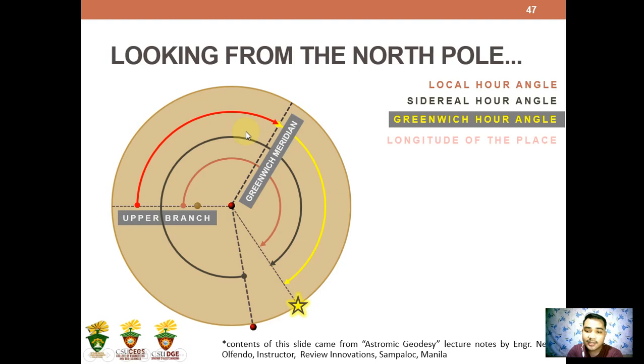That's what we call the longitude of your place. And we have here also the only one nga counterclockwise na angle. So from first point of Aries, counterclockwise padulong sa meridian of your celestial body. So that's what we call the right ascension angle.